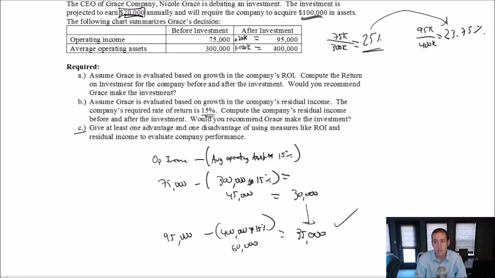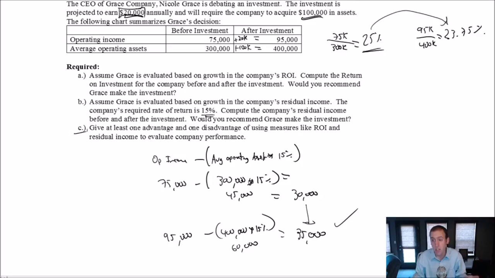It's cheap, it's quick, it's easy, and it does a pretty good job measuring performance. You want to know how a company's performing? A summary measure, they call it a summary for a reason. It summarizes how the company has performed in one quick, simple measure. So that's the advantage.